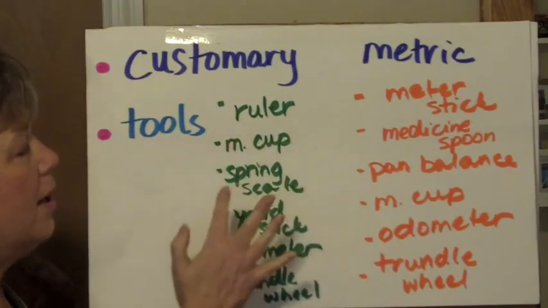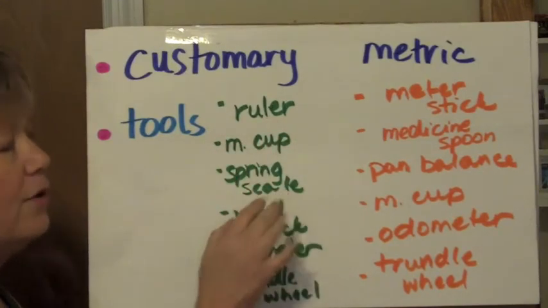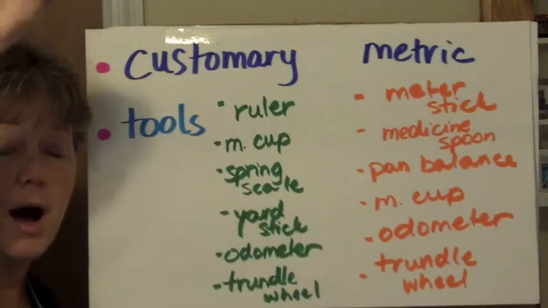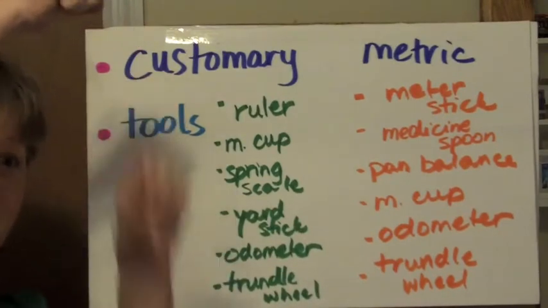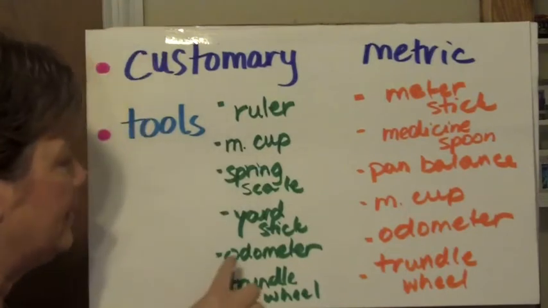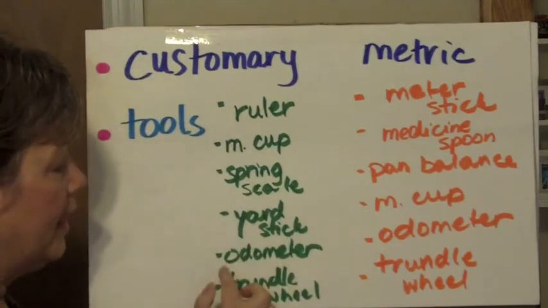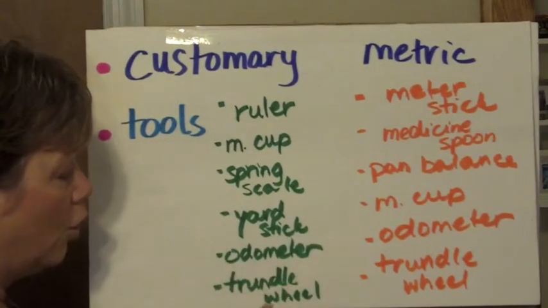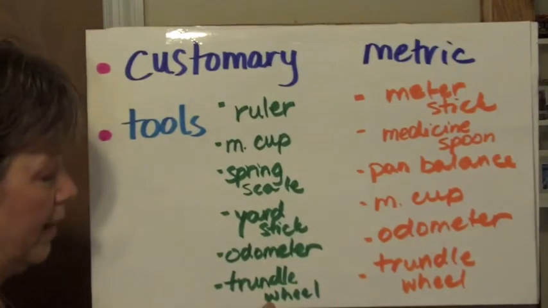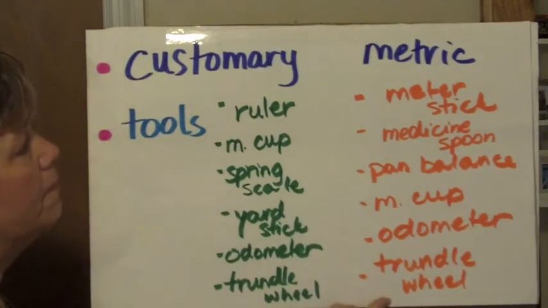Ruler, measuring cups, spring scale that you might see at the grocery store where your mom puts some potatoes in it and it kind of drops down and weighs it, a yardstick, an odometer in your car, or a trundle wheel, and I'll explain that when we get back over here.